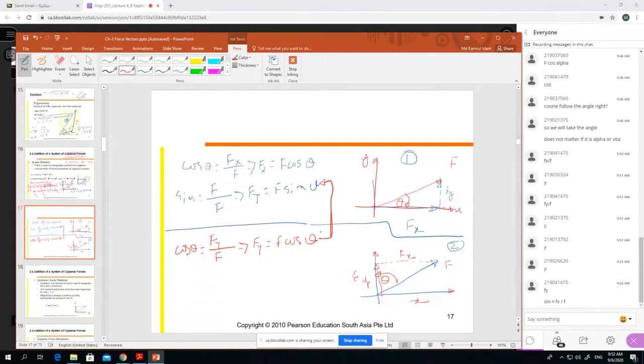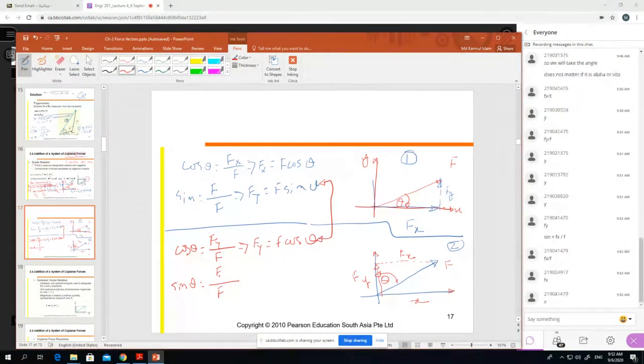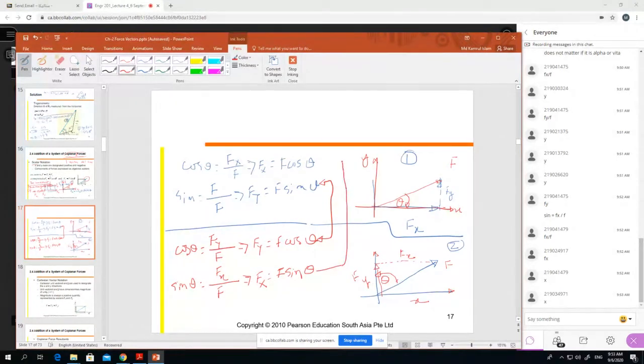And sin theta equals F over, here will be fx or fy? Fx, fine. So fx equals F sin theta, right? Now look at the difference between this one and this one.